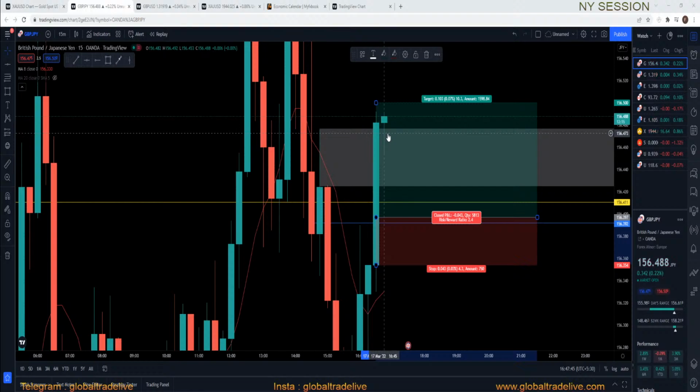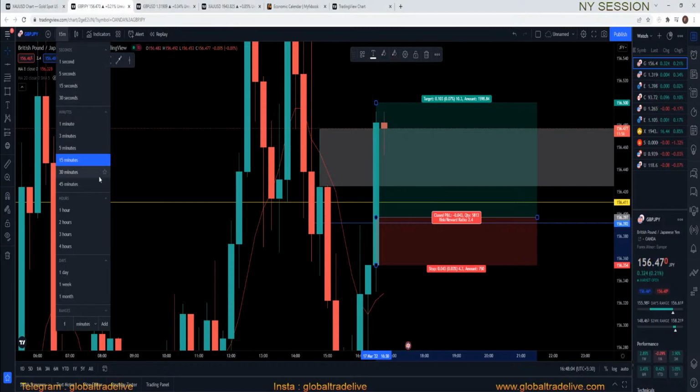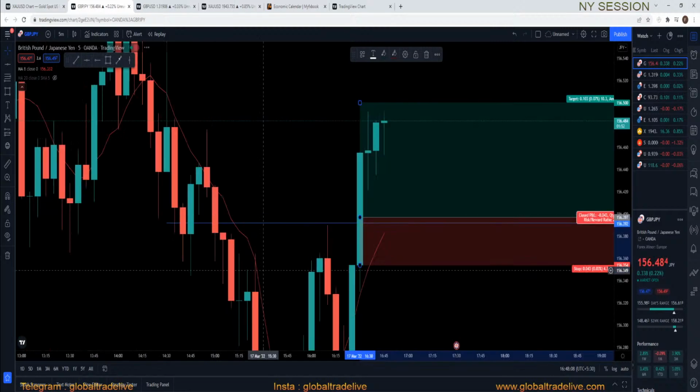Because it just tapped 9 pips and I don't want to lose anything in this trade particularly, so that's why I shifted my stops over here. There's no reason of shifting the stops particularly over here in this area. It's just that I wanted to reduce the risk. That's the reason.